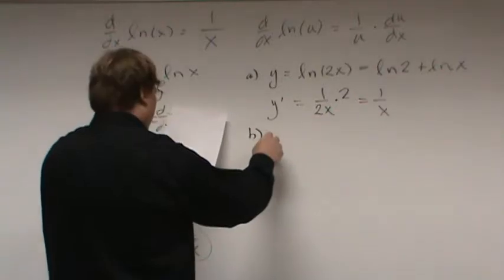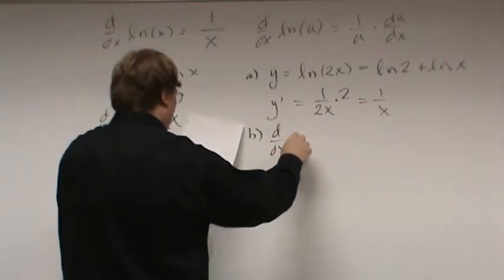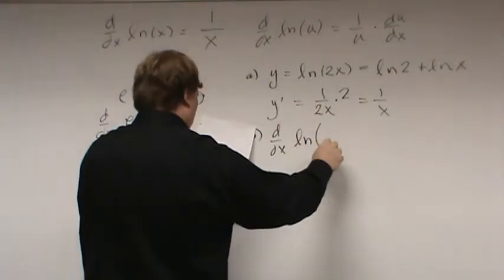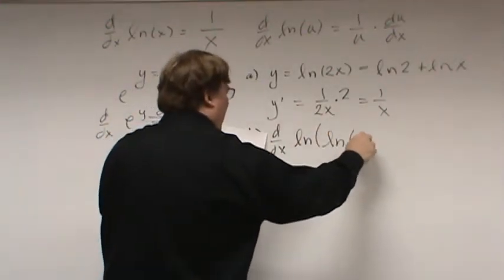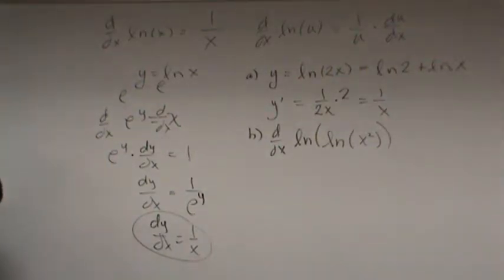Here's a good one. The derivative of the log natural of the log natural of x squared. Good luck with that. Okay, the derivative of the log natural of anything is 1 over that thing.